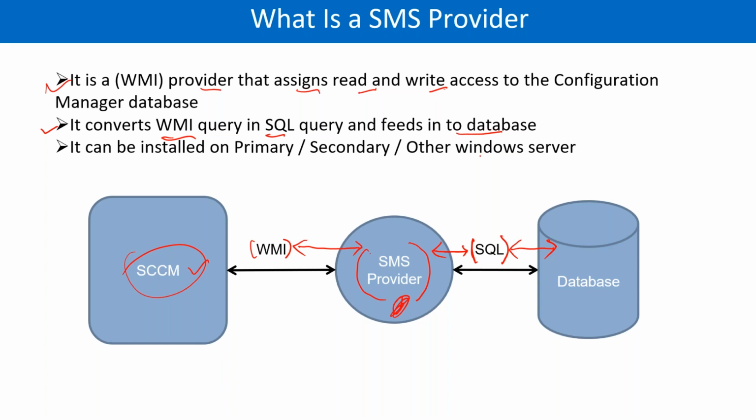Understood? Now, it is a mandatory role, guys. You must have this one mandatory role. It must be installed. Where will you install this? You can install this on primary site or secondary site or any other Windows server or on the database server. You can also install SMS provider on the database server.